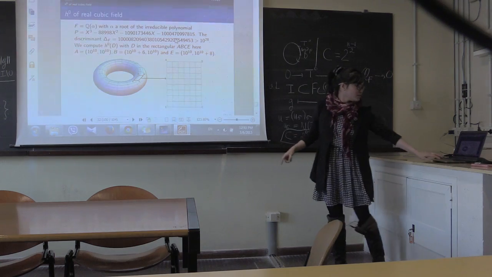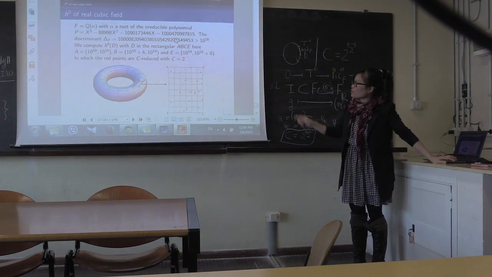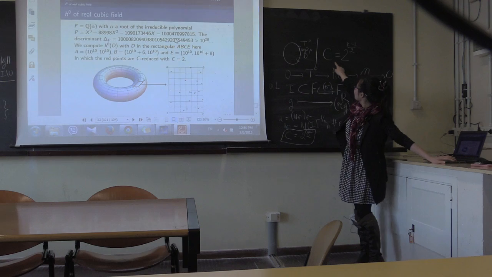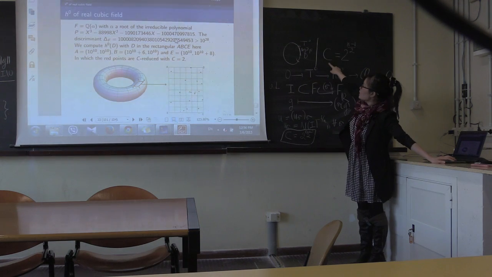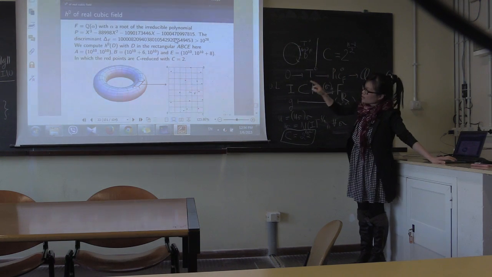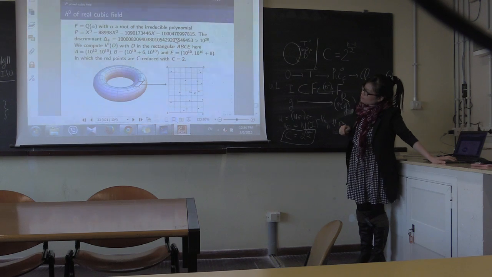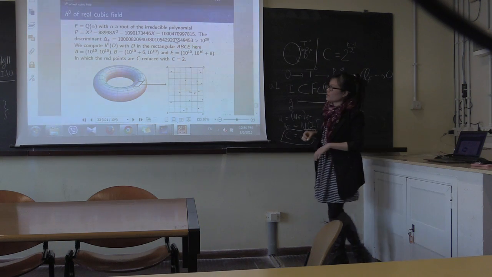So first I find some C-reduced divisors, and in the case of a real cubic field you have C equal to 2, and I have only some C-reduced divisors here.